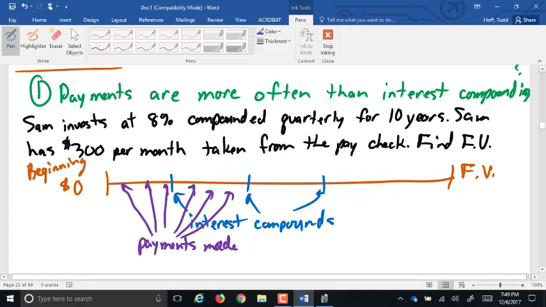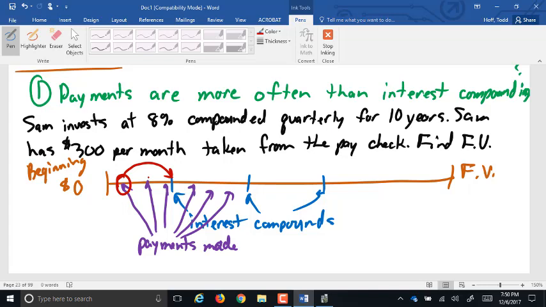This looks complicated, but it's not. Well, let's think about this. What happens to this payment right here, this first payment, between here and here? The answer I'm looking for is how much interest does it earn? The answer is none. Interest doesn't compound until right here. How about this payment from here until there? How much interest does it earn? None. This payment, well, it's right at that point, so there's no interest on that either.